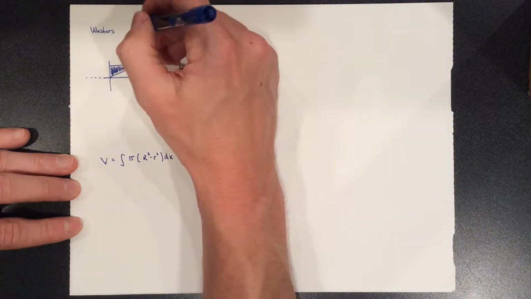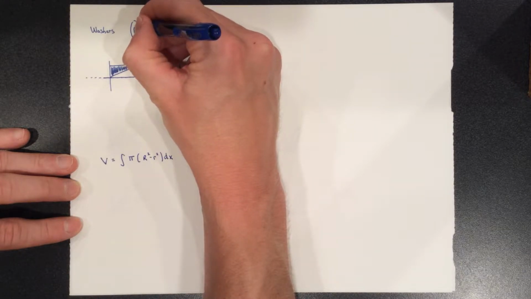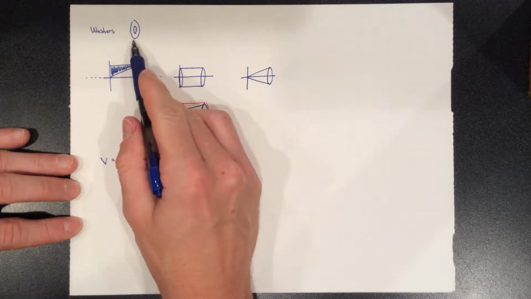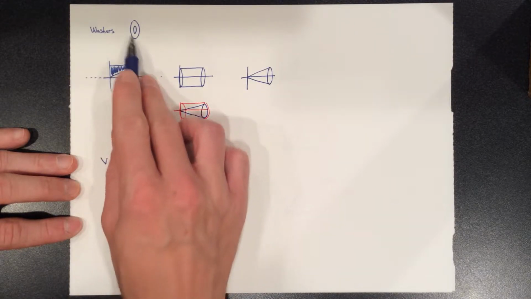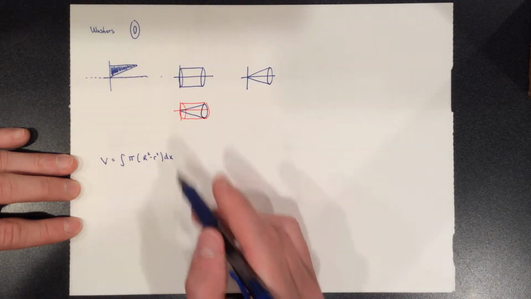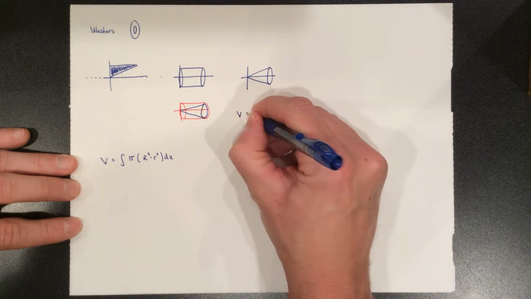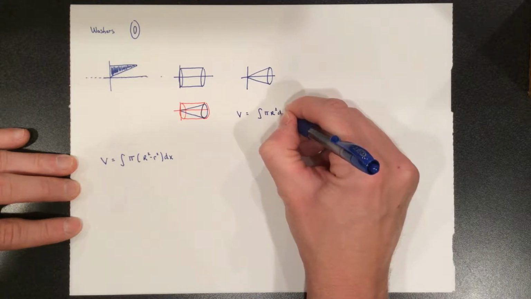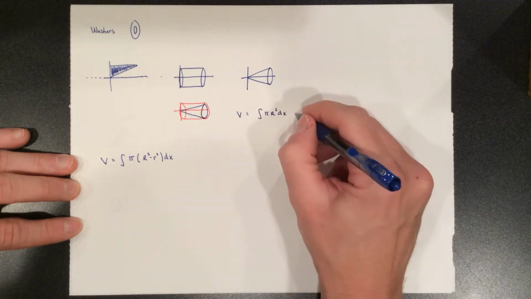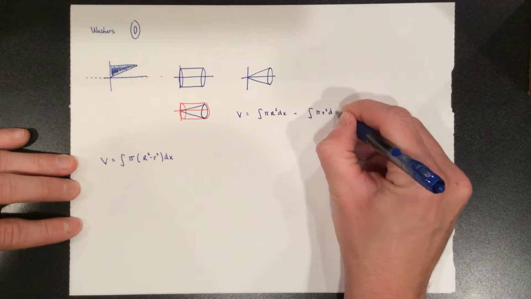Again, it's called a washer, and if you've ever put something together from a hardware store, that's what a washer looks like. And what we would do is sum up this shape using washers. But really, the volume should be the integral of pi R squared dx, which would give you the cylinder, minus the integral of pi r squared dx.